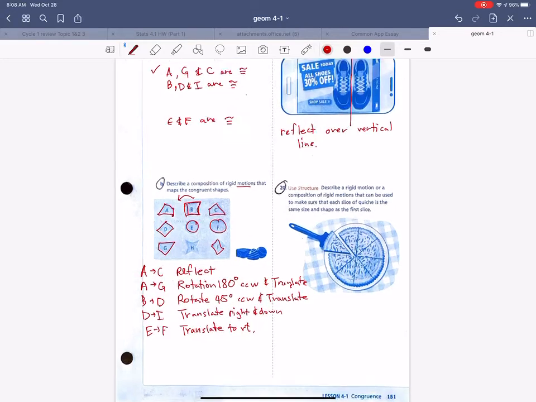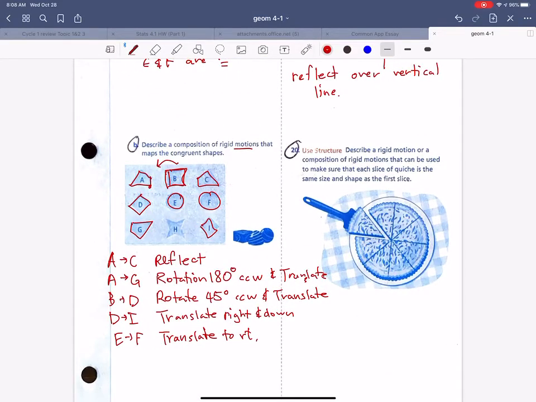Okay, let's take a look at 20. It says, describe the rigid motion or a composition of rigid motions that can be used to make sure that each slice of quiche is exactly the same size. So let's figure out how many pieces of pie. 1, 2, 3, 4, 5, 6, 7, 8.